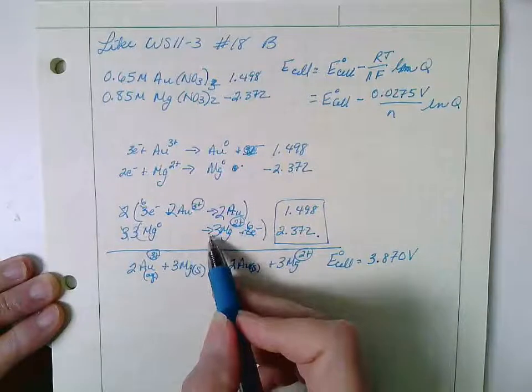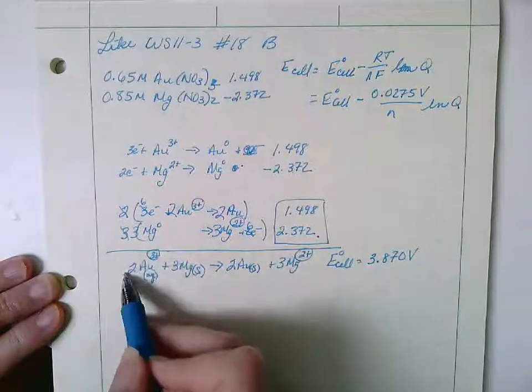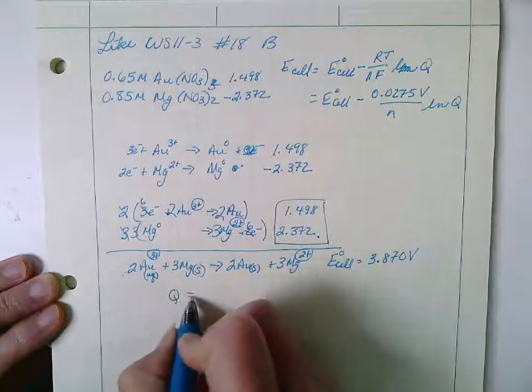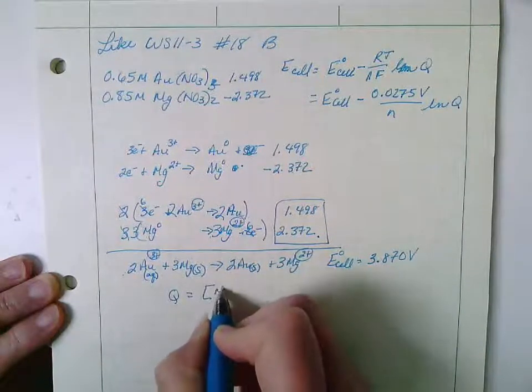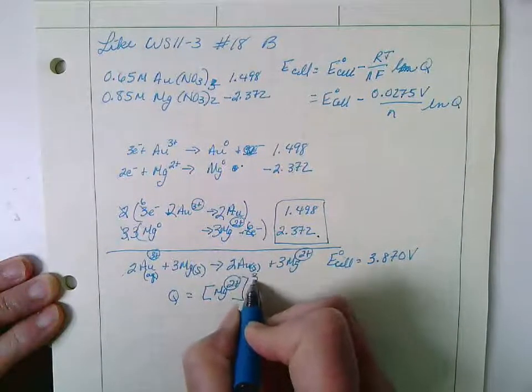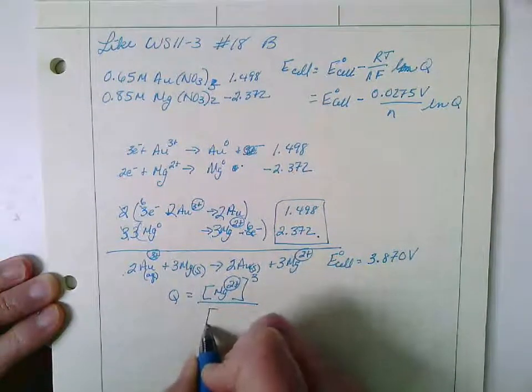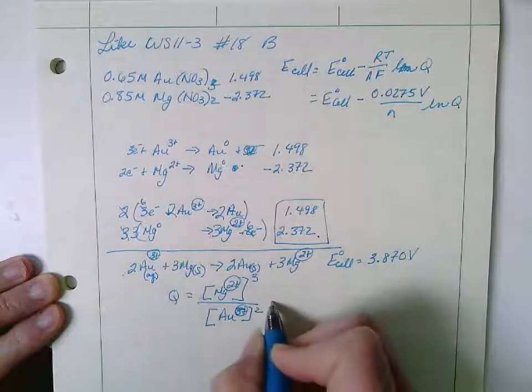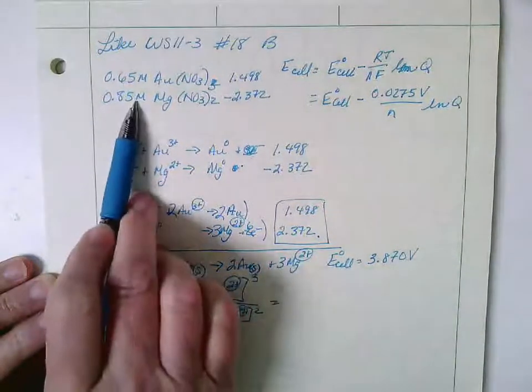Okay, now I have to write my Q expression, and Q is equal to the products raised to the power of their coefficients divided by reactants raised to the power of their coefficients. So Q is going to equal the concentration of Mg2+ cubed divided by the concentration of Au3+ squared. And so in the problem I was given those two numbers.